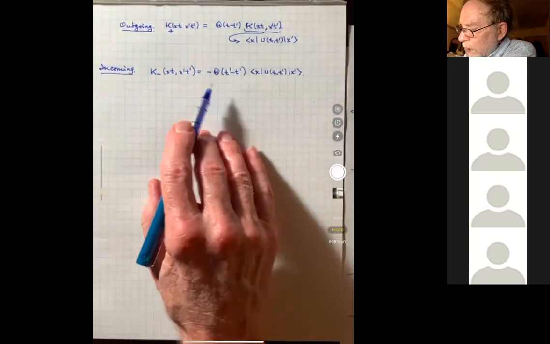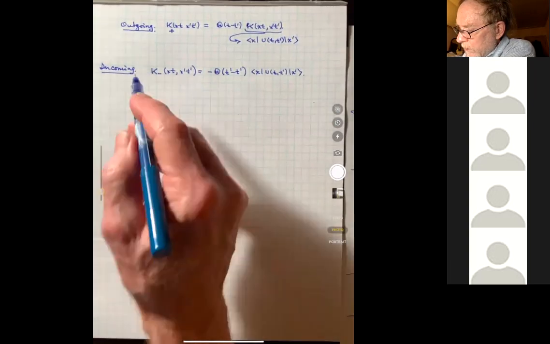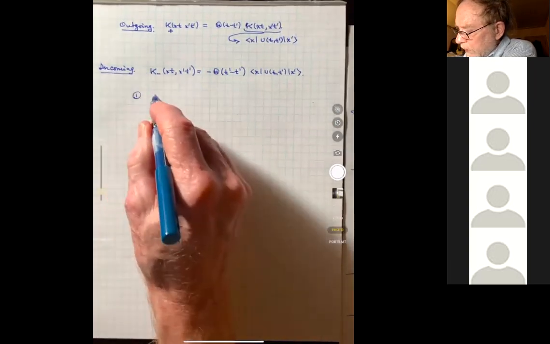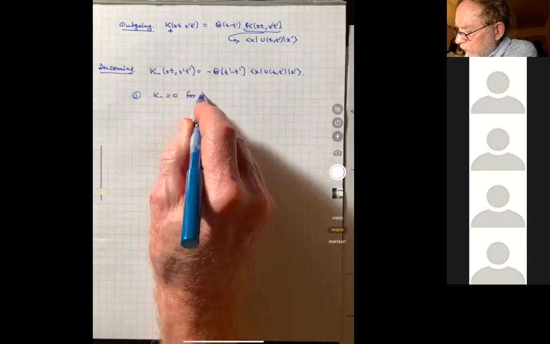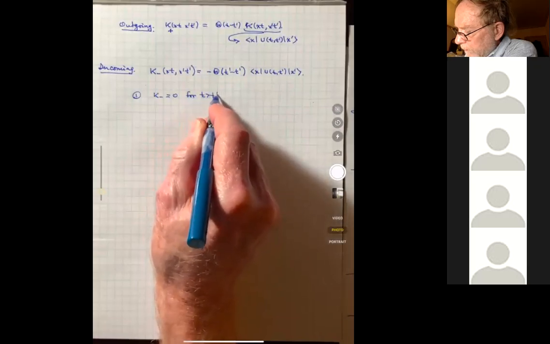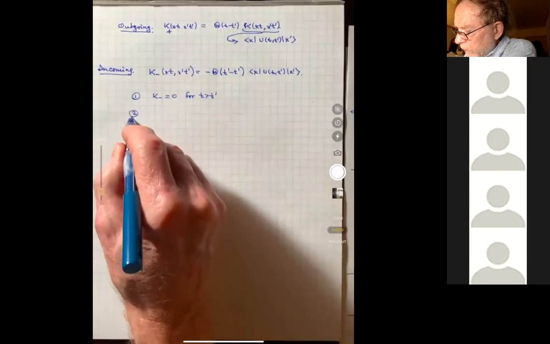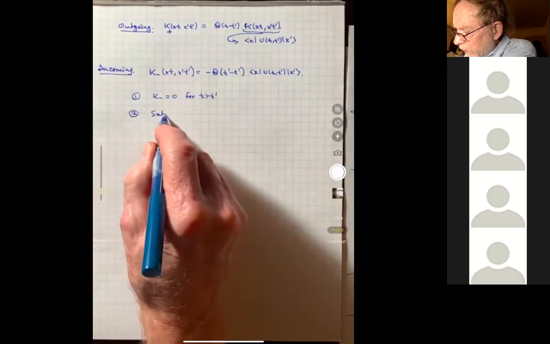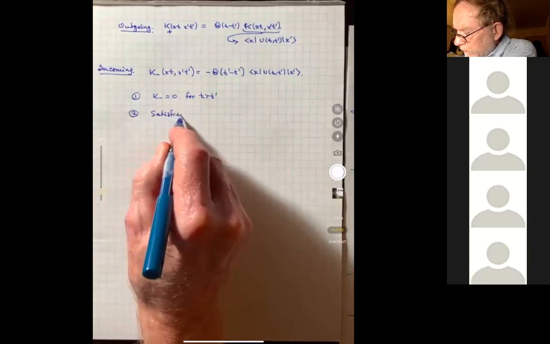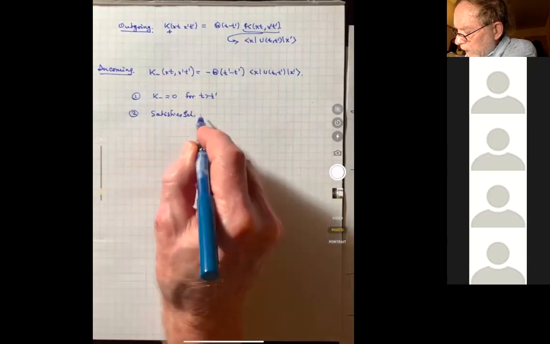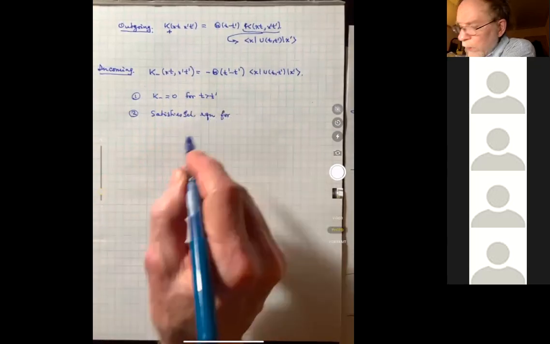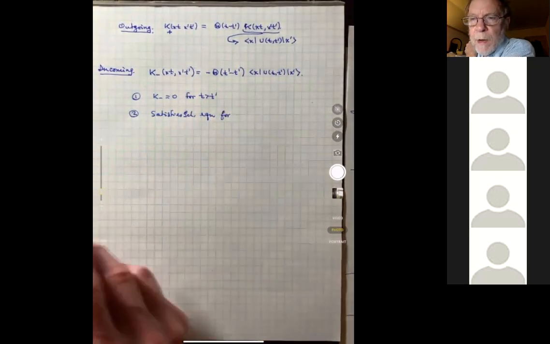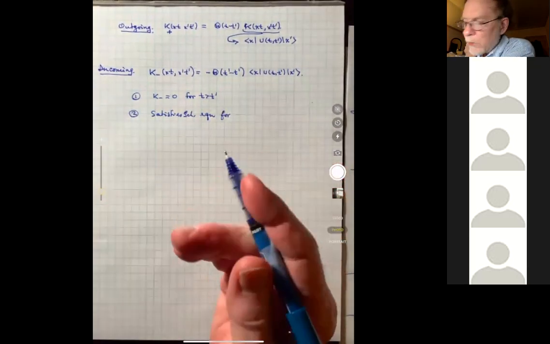So as far as properties of k minus are concerned, what are they? The first one is that k minus is equal to 0 for positive times, for t greater than t prime. The second one is that it satisfies the Schrodinger equation in the field variables for really any t not equal to t prime, but for positive times it's 0, so 0 is a trivial solution.